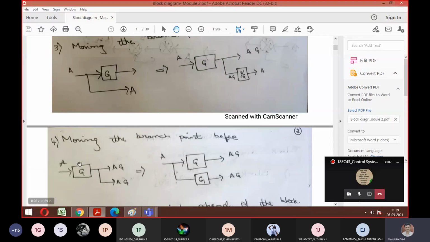It's G. So the ultimate answer is the same. Look at this. A is given to G. You got AG. So here also, it's AG only. If you are moving this point before your block, then how does it look? Look at this expression and this expression. They should match. That is the meaning of the rules. So is AG matching with this AG?